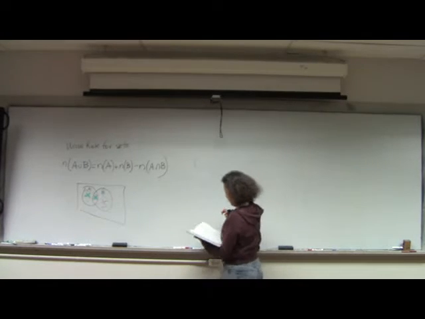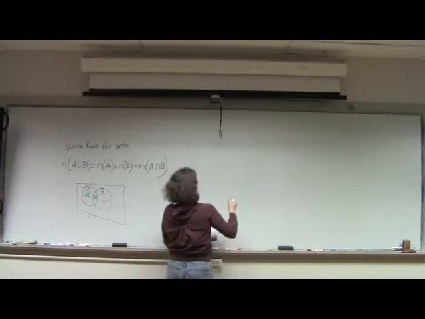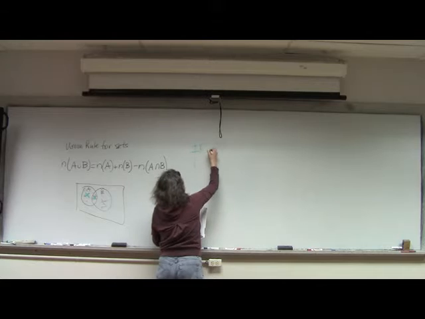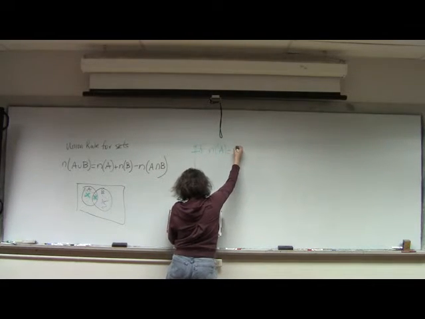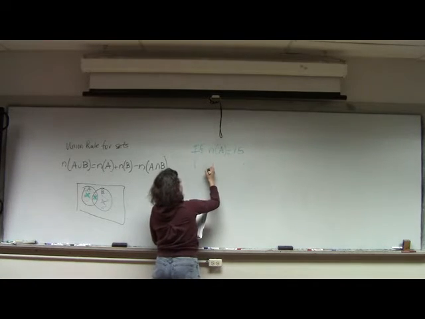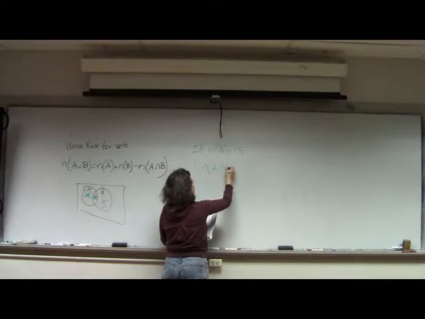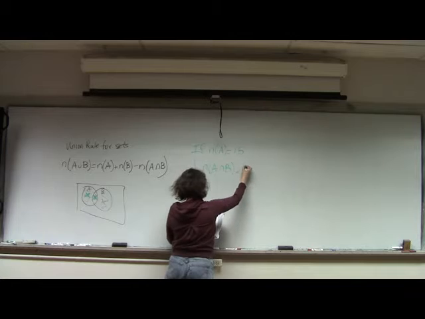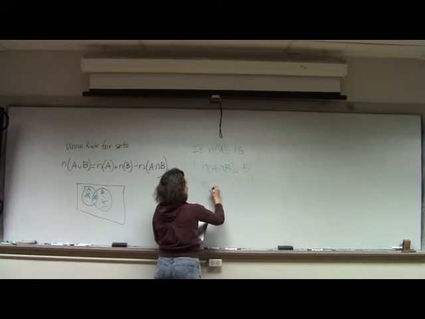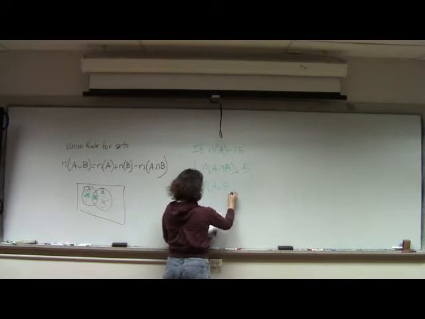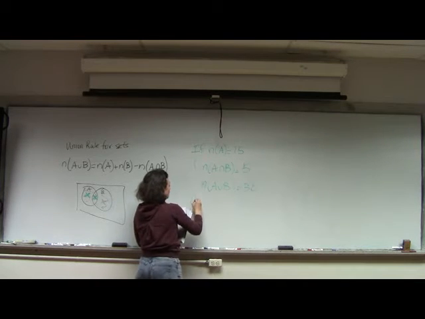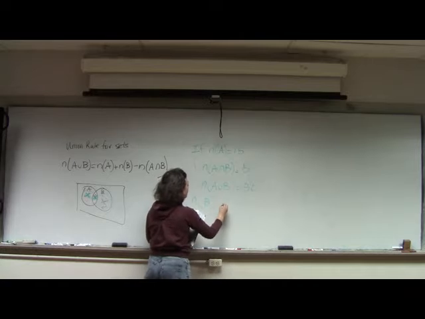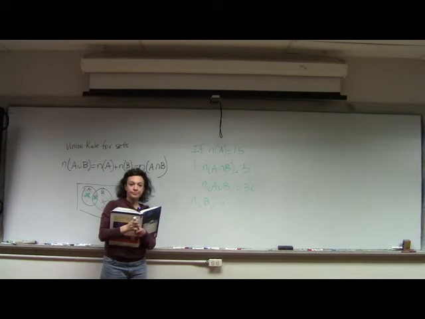So this first example says, if the number of elements in A is 15, the number of elements in A intersect B is 5, and the number of elements in A union B is 30, what I want to know is how many elements are in B.